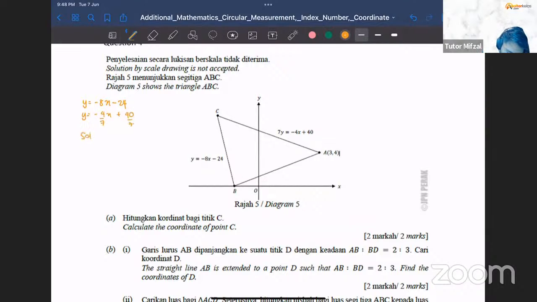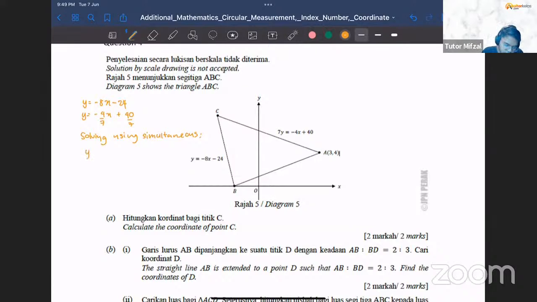Now, solving using simultaneous, okay, I just solve it using my calculator je. Alright, you should get, oh sorry, 1, 8, negative 24, 1, 4 over 7, 40 over 7.